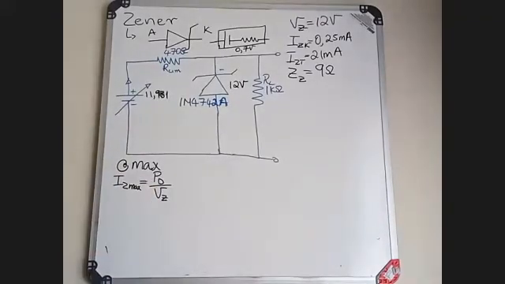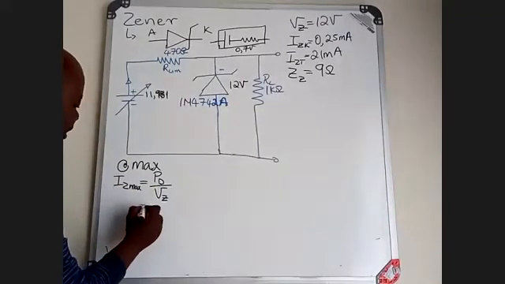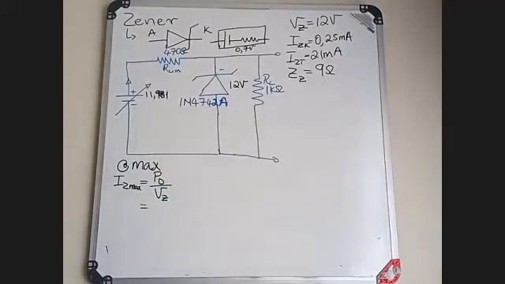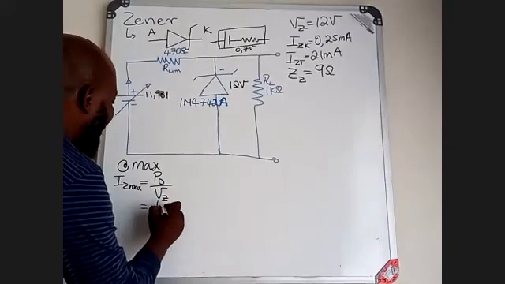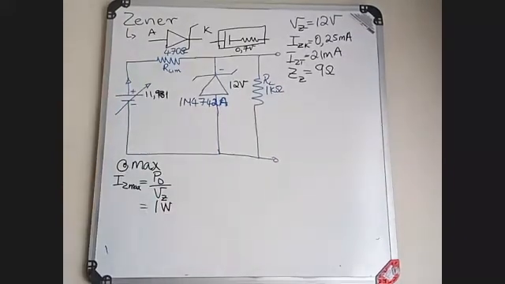If you go back to your data sheet, you will see that the power rating of the Zener diode is given as 1 watt.